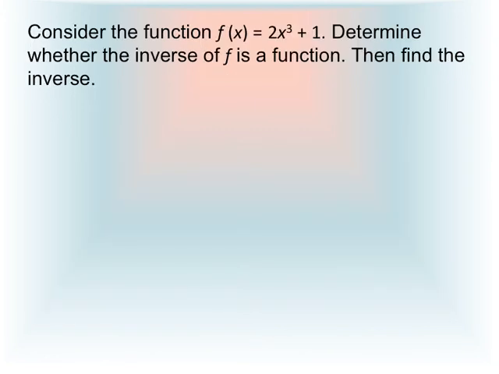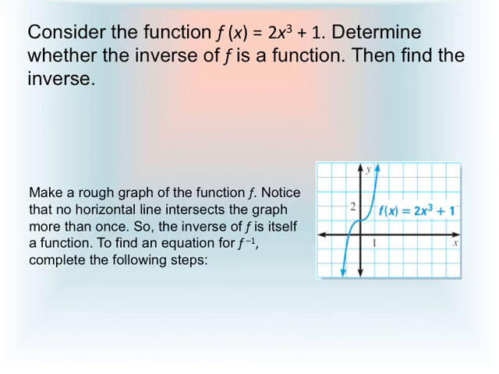Suppose we have the function 2x cubed plus 1, and we'd like to determine whether the inverse of f is a function, and then find the inverse if it does exist. We can see that the graph would be translated up by a unit and stretched by a factor of 2.